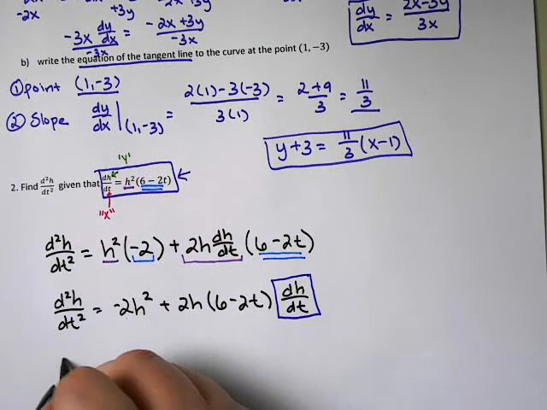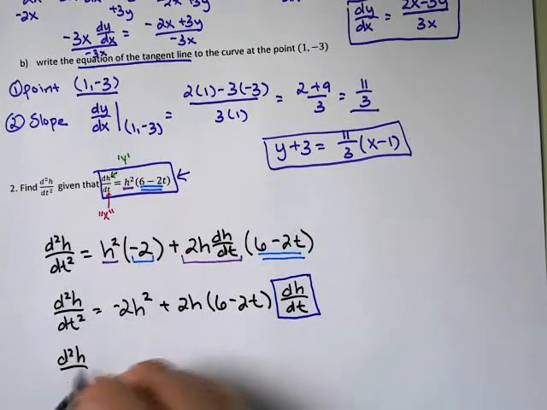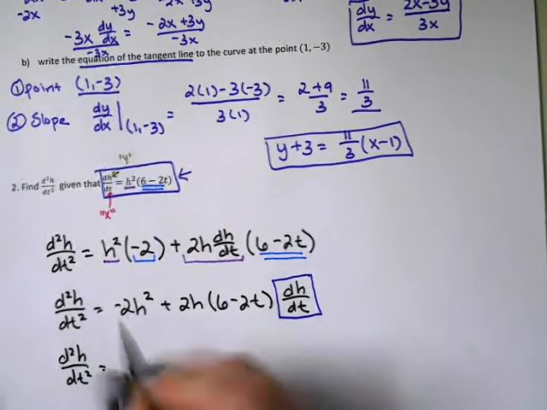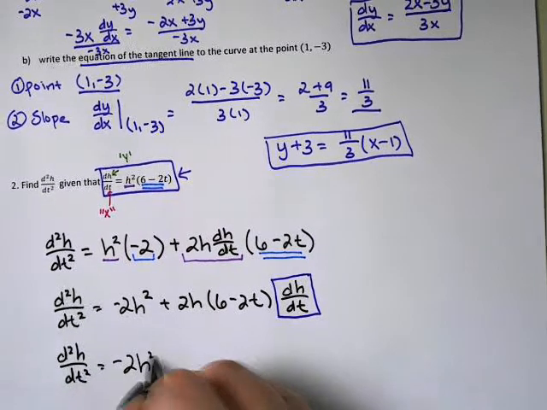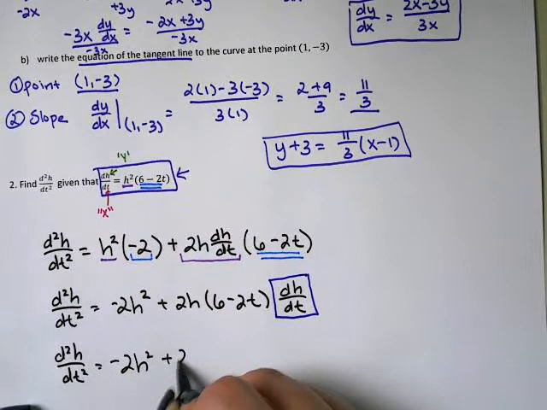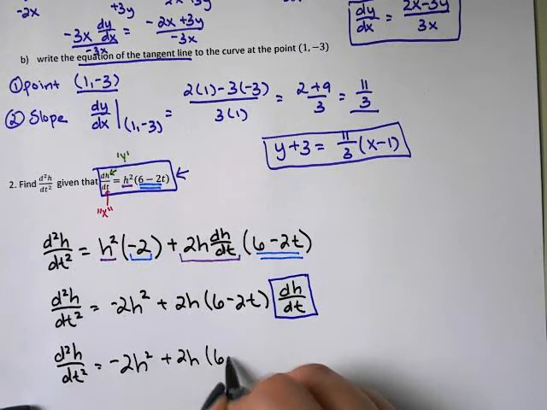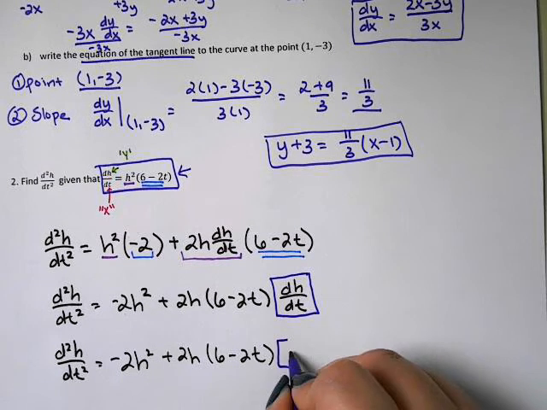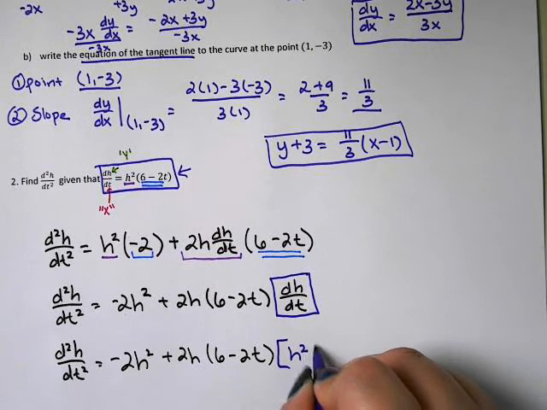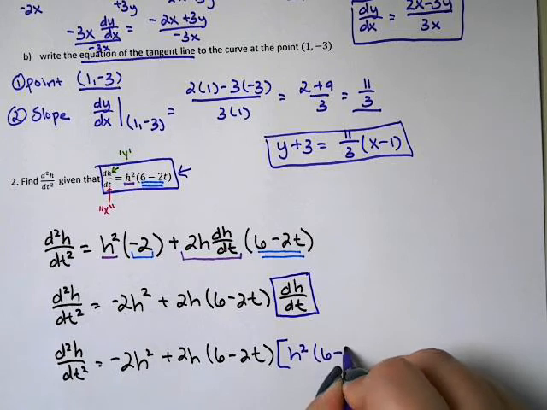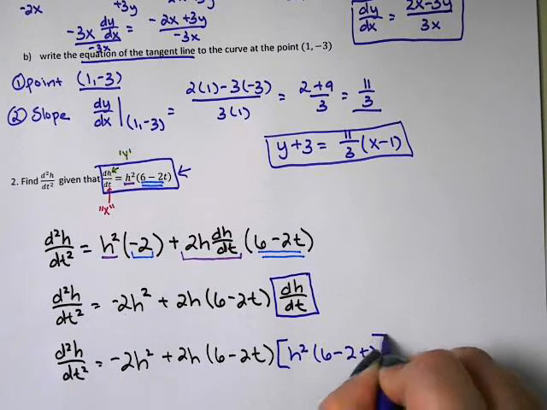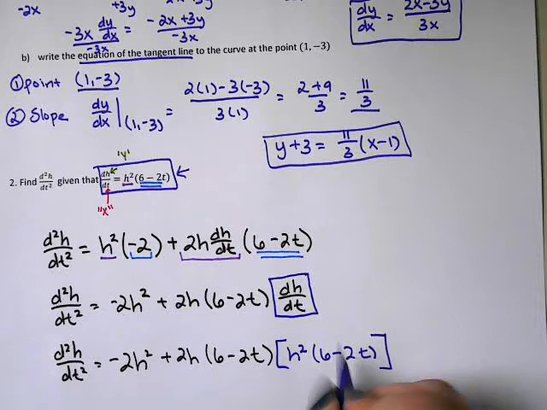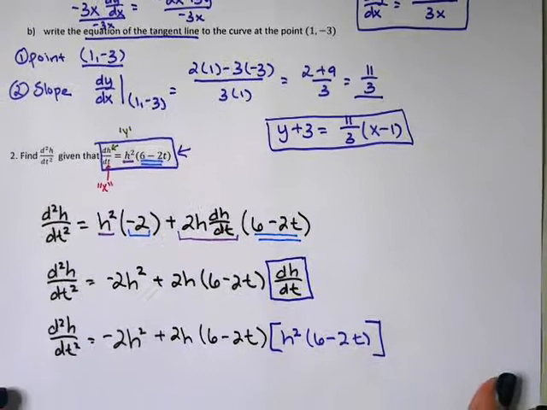So d squared h/dt squared is going to equal negative 2h squared plus 2h times 6 minus 2t times, this is going to be h squared times 6 minus 2t. This whole piece here is this dh/dt that we were originally given.